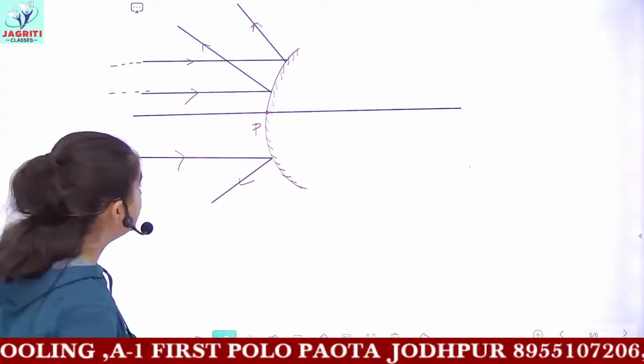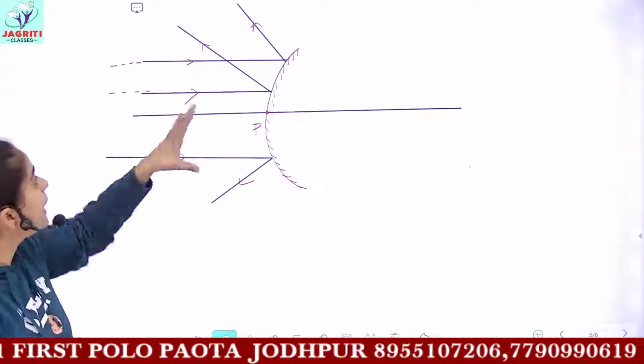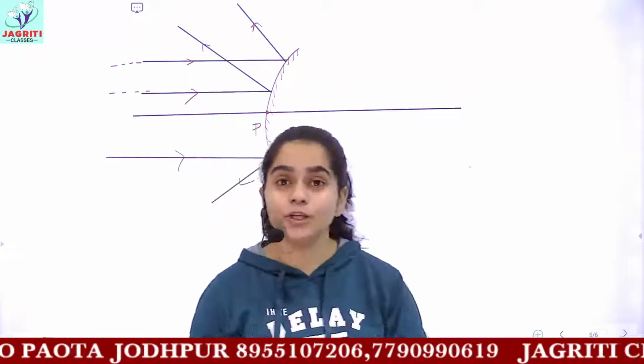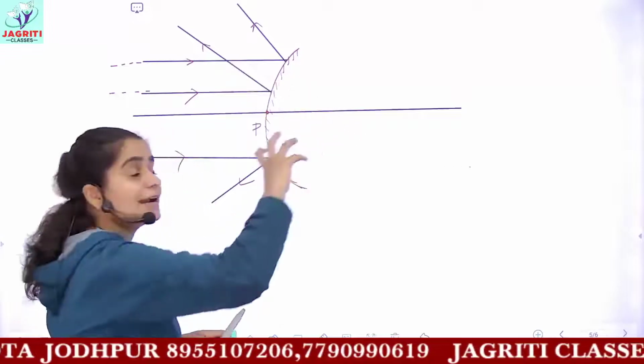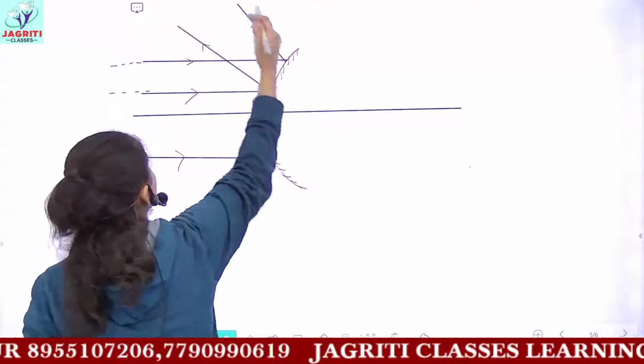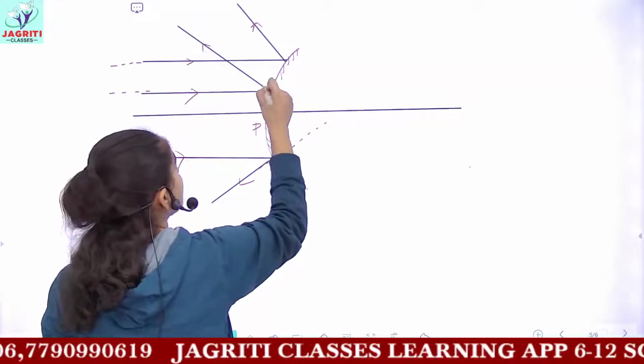Now next what? Actually, convex mirror is a diverging mirror. It means the light rays get scattered, they do not meet. But I have told you that they appear to meet at a point. And how would they appear is that these reflected light rays, what you have to do is, you have to trace them back.